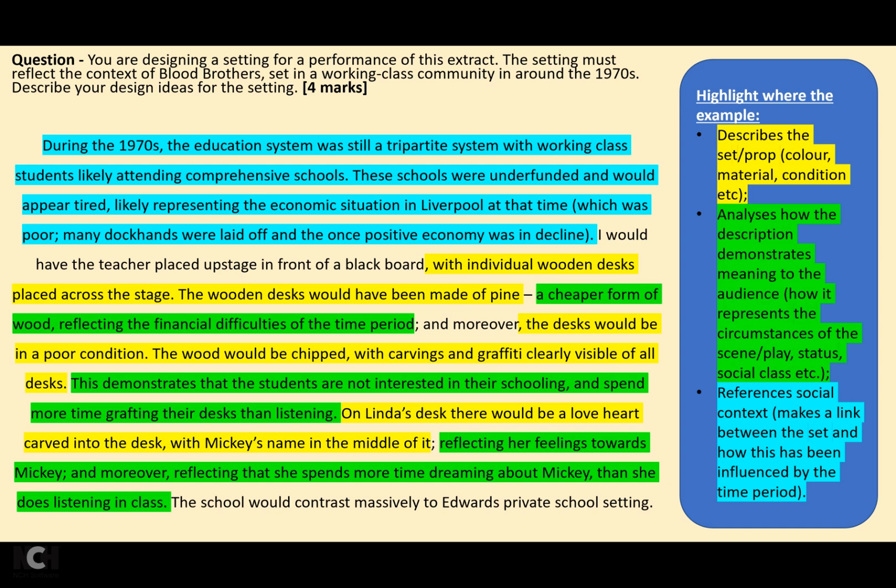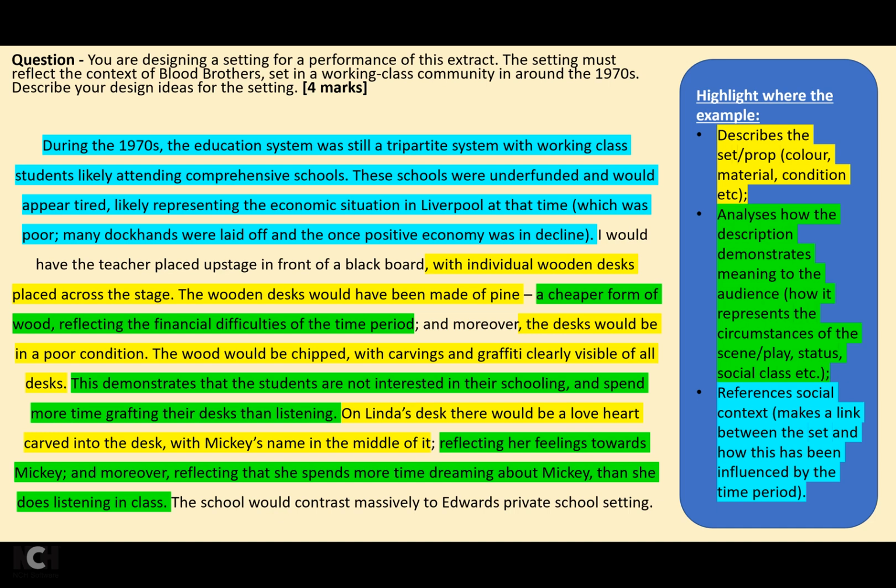So on Linda's desk would be a love heart carved into the desk with Mickey's name in the middle of it. I think this is really clever, actually, because it's really linking back to the circumstances of the scene. And if possible, if you can talk about how, you know, this is appropriate because it would need to be in the scene or would reflect the character's personality in some way, I think that's really clever.